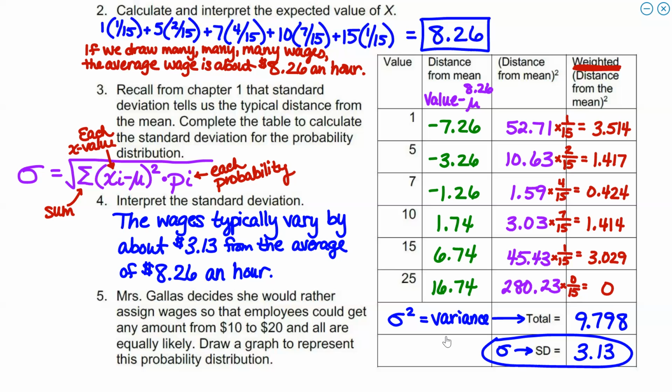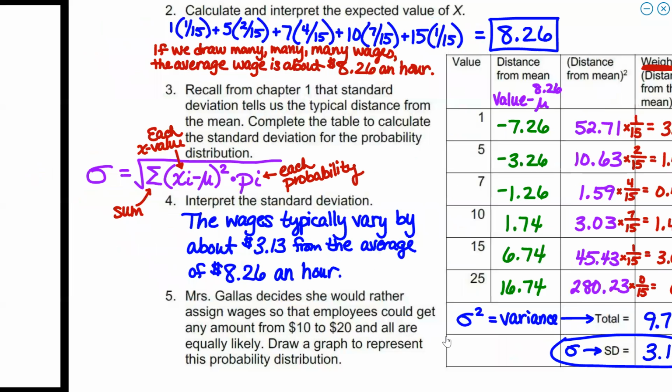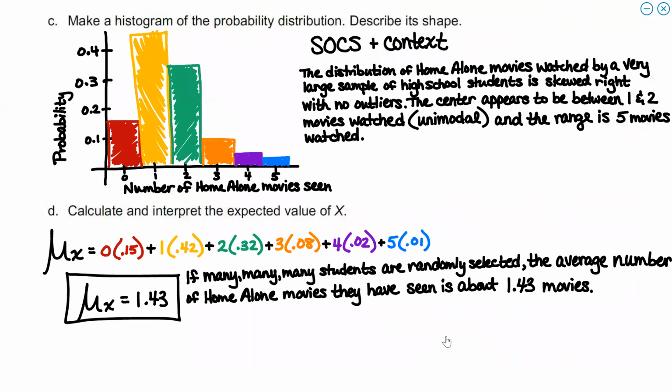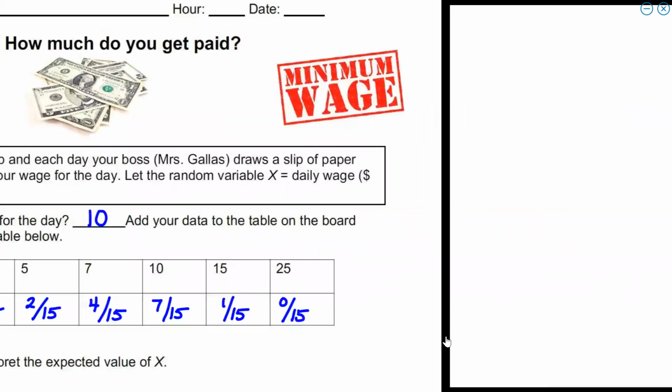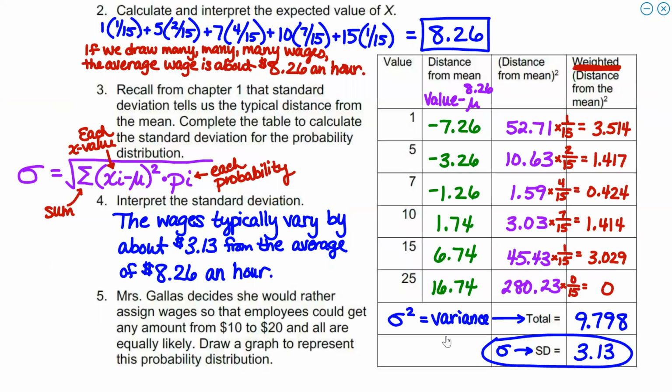10 to 20. And if they're all equally likely, would it have a histogram that looks like this? What would it look like if they were all equally likely? It's going to look flat. This is called a uniform distribution. How many dollars are in between 10 and 20? 10.